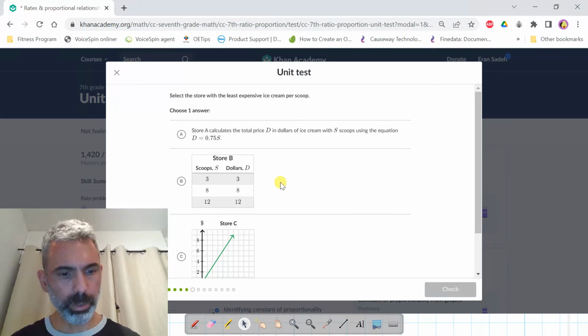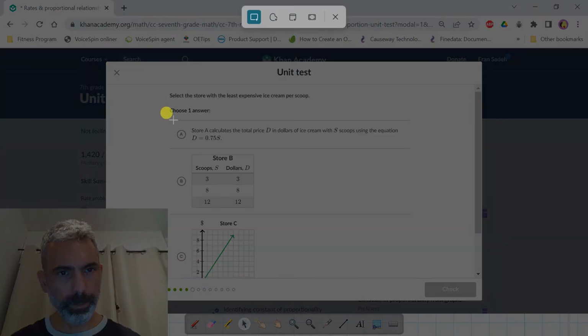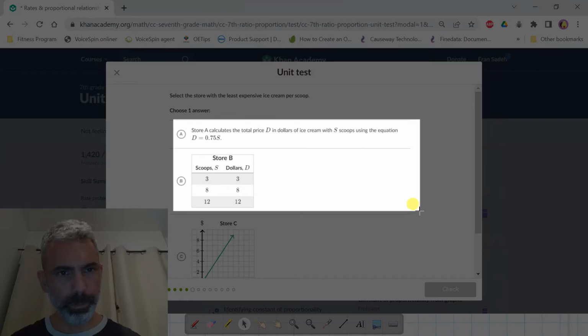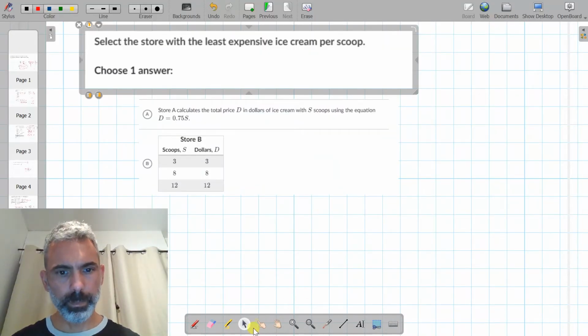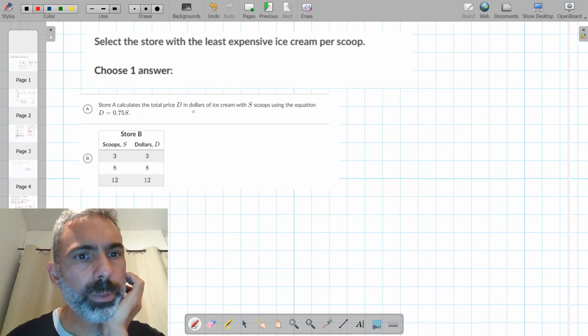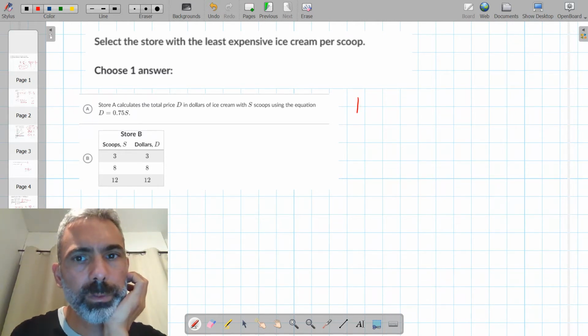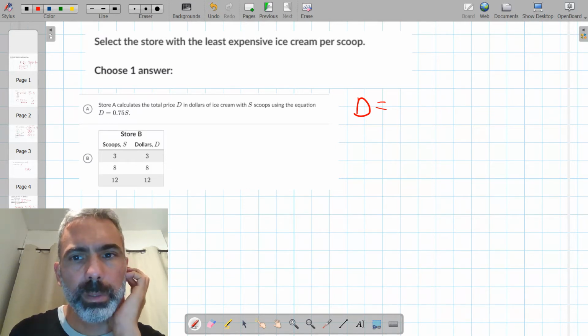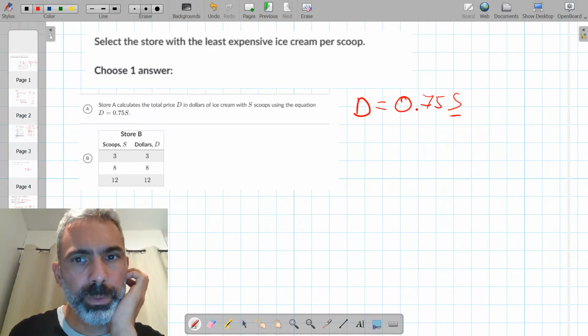Okay, so let's see options A and B. Store A calculates the total price D in dollars of ice cream with S scoops using the equation D equals 0.75 times S. So if this is the number of scoops and this is the total price in dollars, it means that this is the price per scoop.